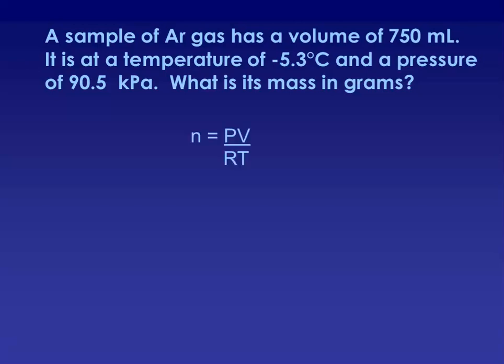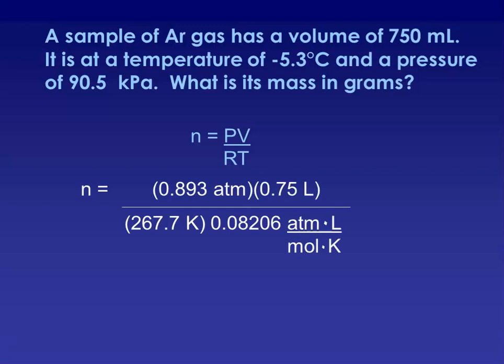So if we solve for n, we would get PV divided by RT. Remember, with your constant, you need to have your pressures in atmospheres. So we would need to convert that 90.5 kPa into atmospheres. We would need to convert our volume that's in milliliters to liters, so that'll work out with our constant. And we need to change our temperature to Kelvin.